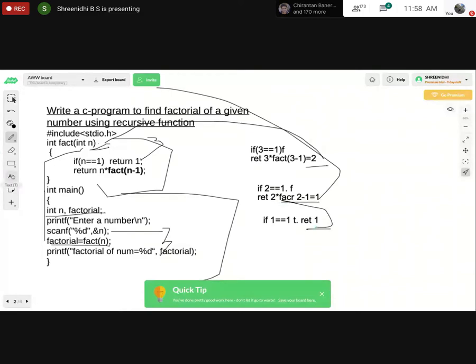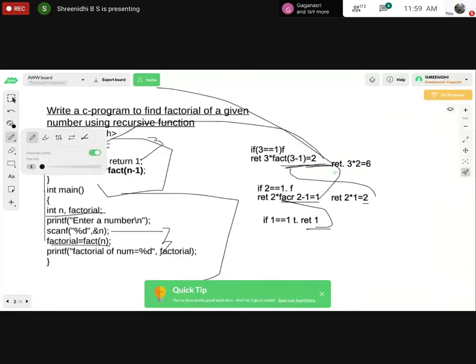So this will be return 2 into, instead of this fact of 1, I'll pass 1. So this will be return 2. Where will you return this 2? This 2 will be returned to the previous function where I called fact of 2. So 3 into fact of 2, which is 2, will be 6.